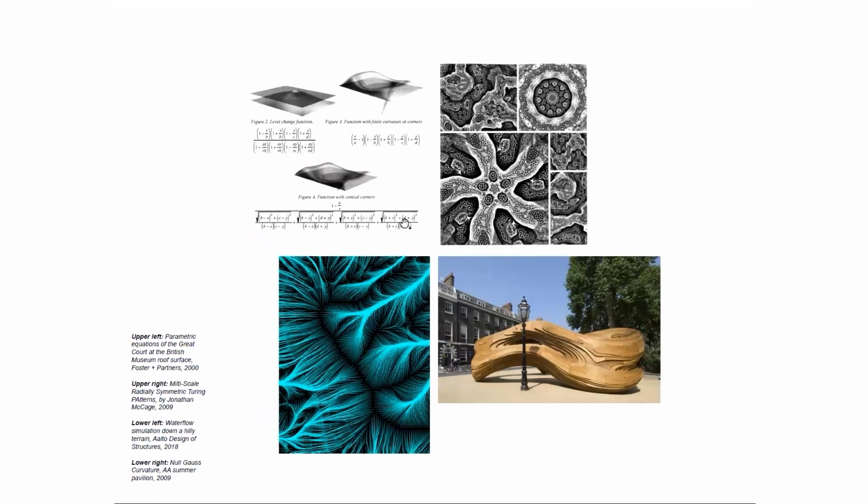And these are some reaction diffusion models from one artist here, Jonathan McCabe. We'll be looking at these vector fields and flows on these vector fields. And this is one of our projects from one of the AA summer pavilions. This is again like 12 years old.